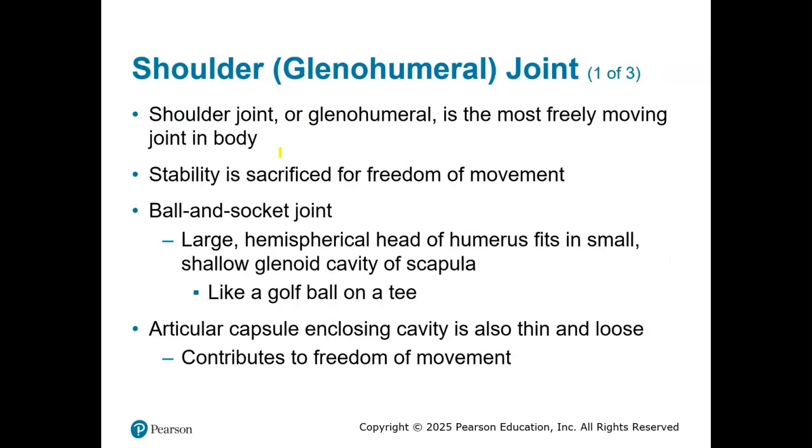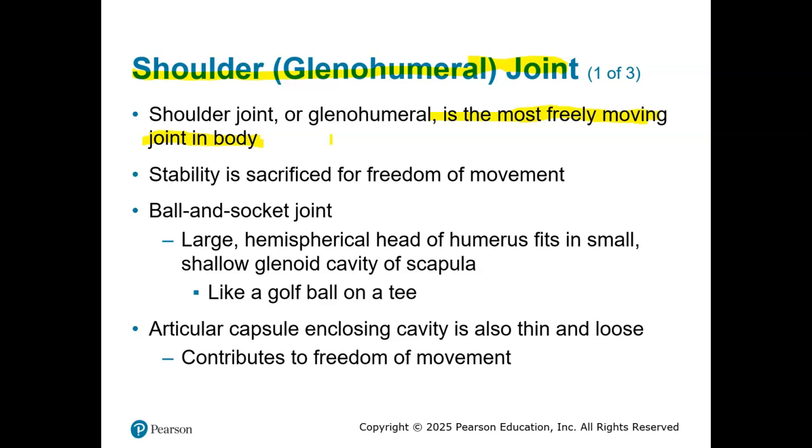The shoulder joint is called the glenohumeral joint, and it's the most freely movable joint in the body. You have the most free movement at the shoulder joint. You can freely do rotation at the shoulder.